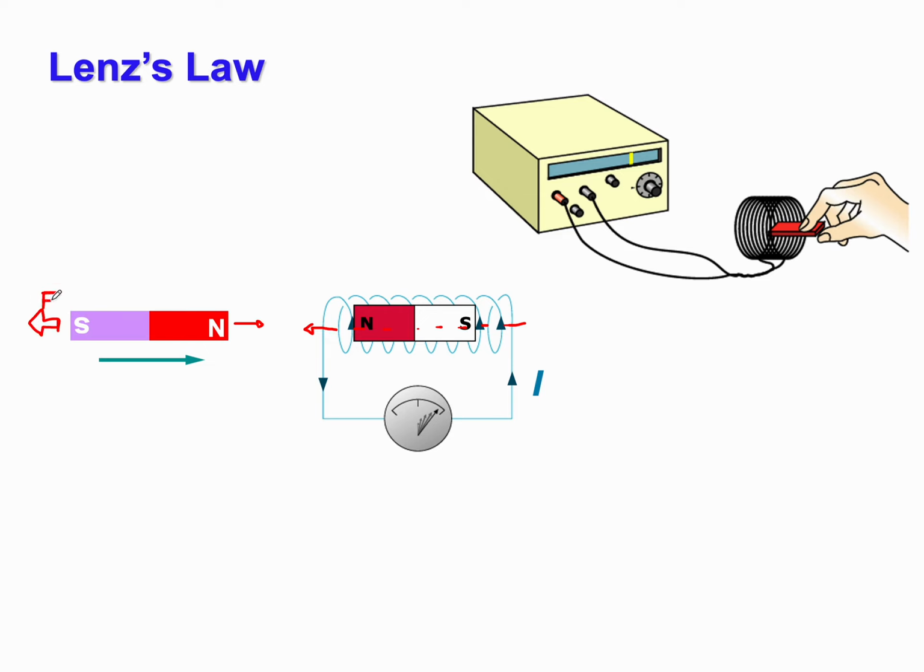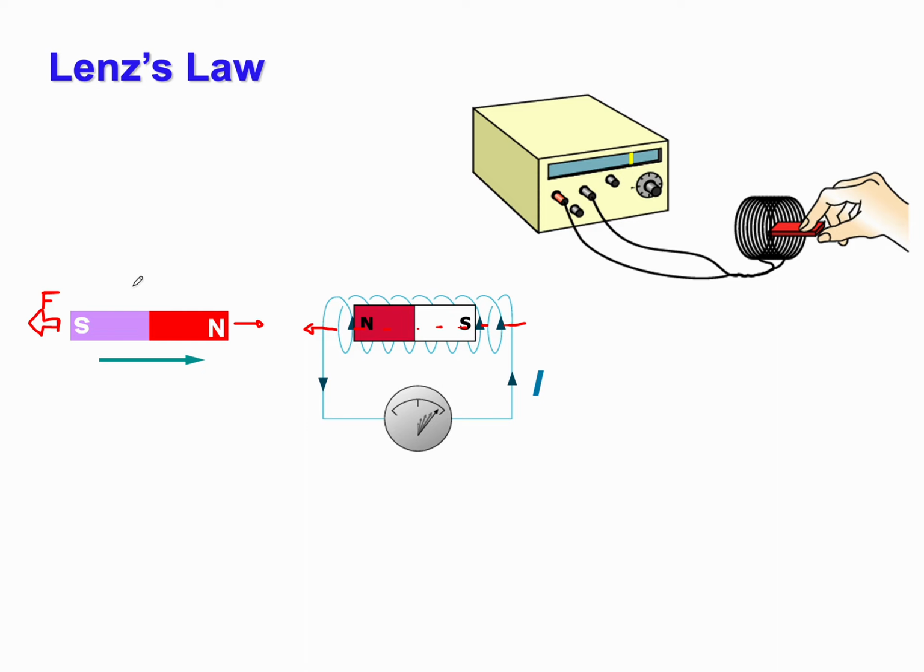And you might say, whoa, why does that always have to be true? Well, think about it. What if the current was in the other direction? Well, that would actually attract the bar magnet, which would make it fly towards the solenoid, which would create a greater change in flux with respect to time, which would produce a greater voltage, which would produce a greater current, which would produce a greater magnetic field, which would attract the accelerating magnet even more, and very quickly you run into a runaway effect.